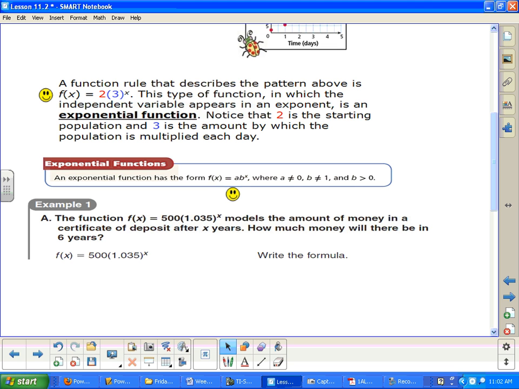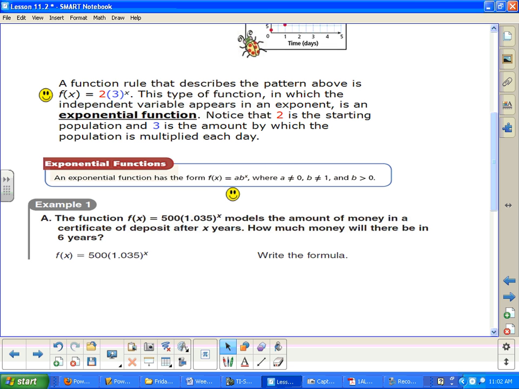So a is our starting amount, and b is how much it's going to change as a multiplier. And we'll refer to that once again as a constant ratio. We'll look at it as a value of r later on, but as a function, we have f of x equals a times b raised to the power of x.